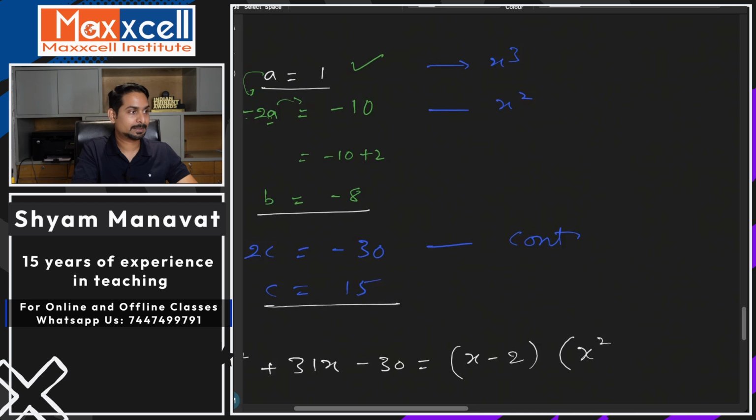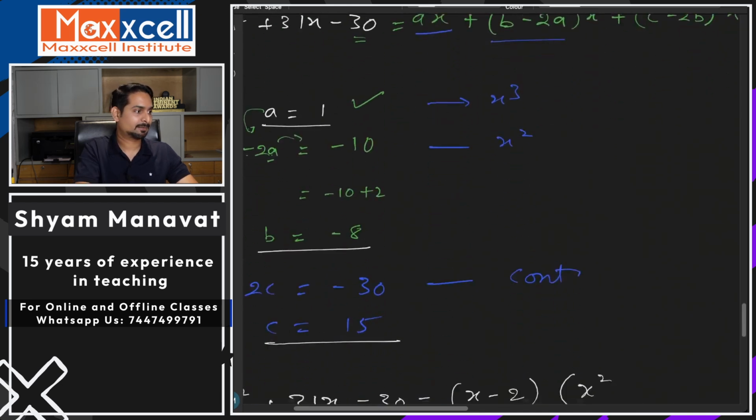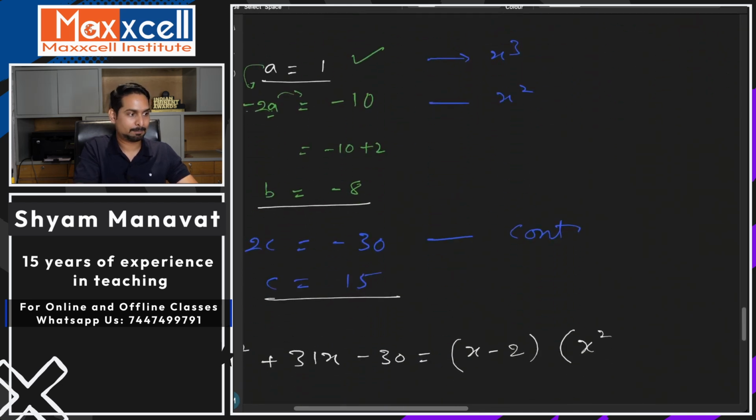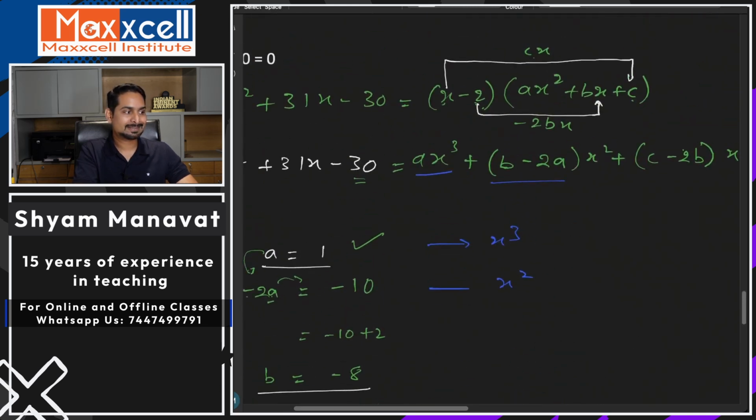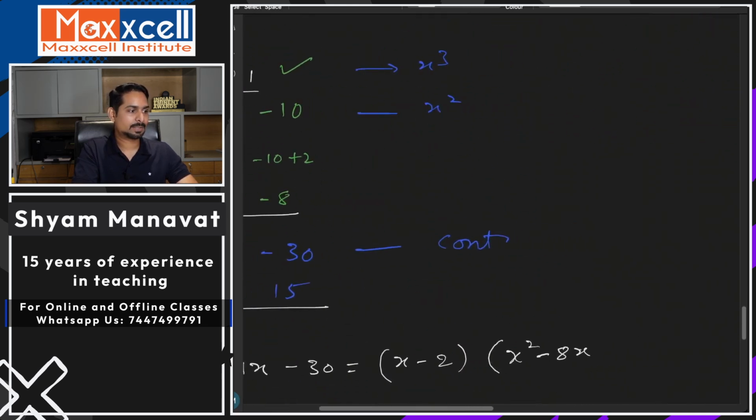Then bx, where b equals minus 8, so I got minus 8x here. And c is 15, so I got plus 15 here.